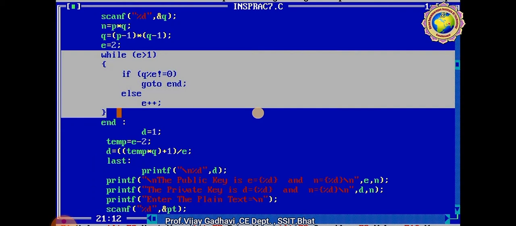Now we are in the loop, while the condition is e greater than 1. Here we see the public key consists of the modulus n and an encryption exponent e. The private key consists of the private exponent d, which must be kept secret, and p and q.